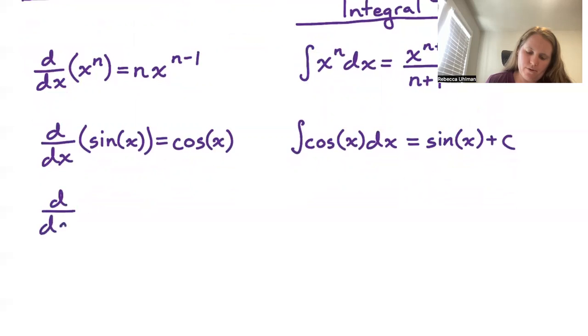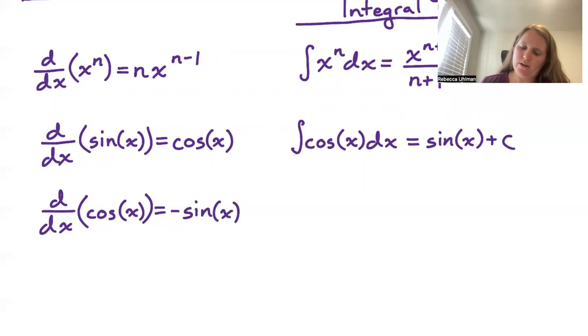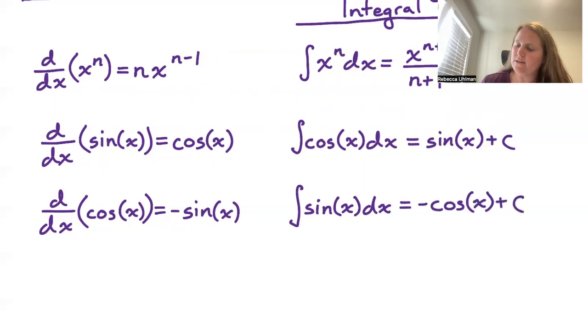Our derivative of cosine of x was negative sine of x. This becomes the integral of sine of x dx is negative cosine of x plus c.